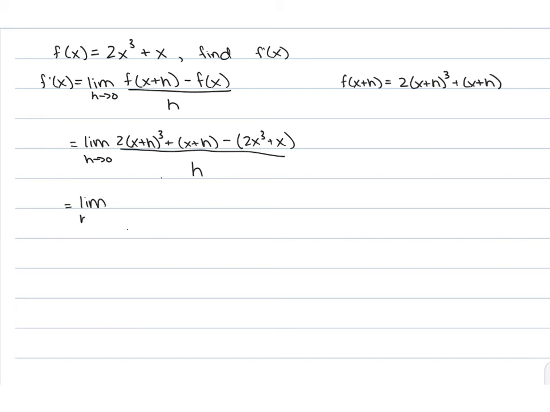Now I happen to know the shortcut for foiling out x plus h cubed. If you don't know, then you're going to have to do this on the side, actually FOIL that out 3 times. Oh, it said 3, so I wrote 3. x plus h. So what you would do is you would FOIL this all the way out and then distribute the 2.